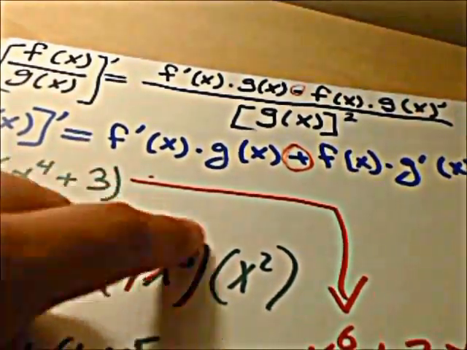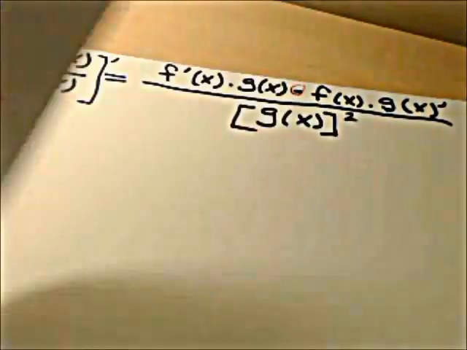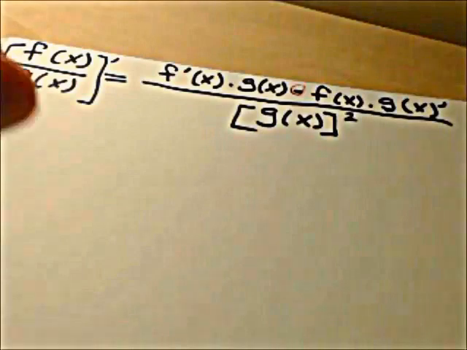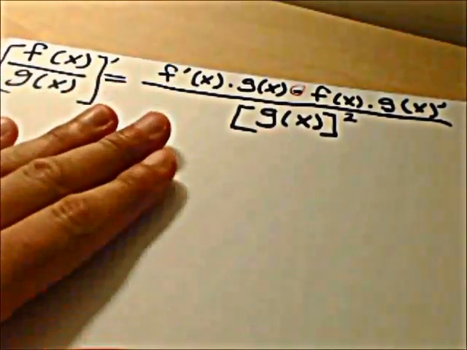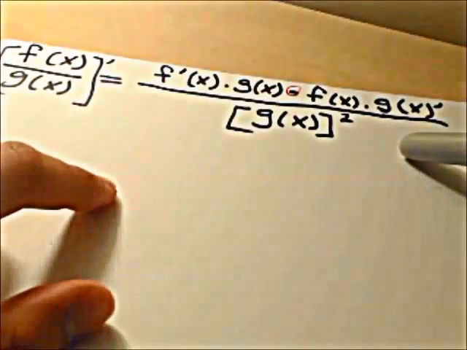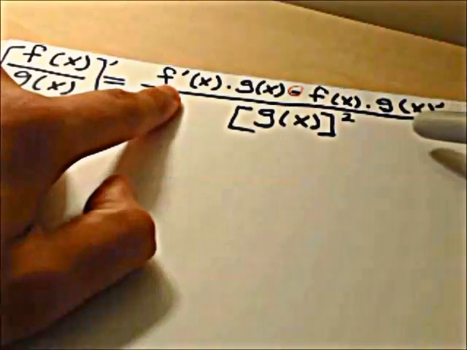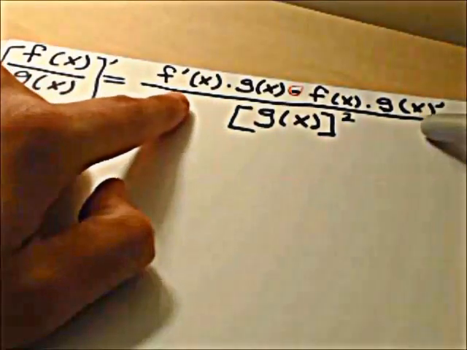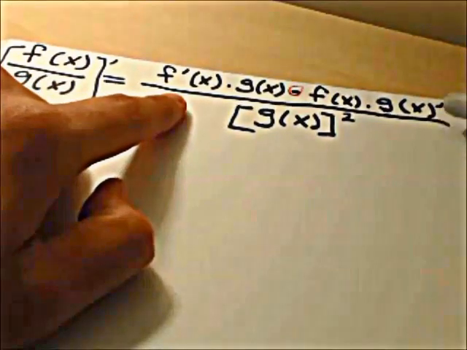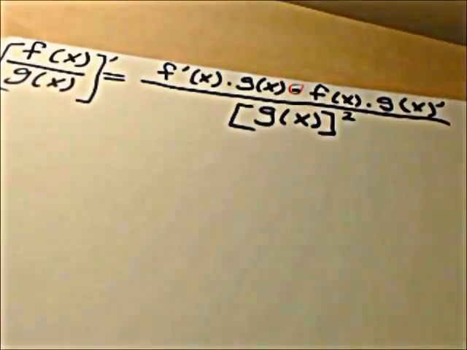Because in the product rule you can switch, the order doesn't matter, but in the quotient rule, unfortunately, you have to memorize the order. You can't switch between them because you've got a minus. So you have to start with differentiating the numerator times the denominator, minus differentiation of the denominator times the numerator. So that's really important.